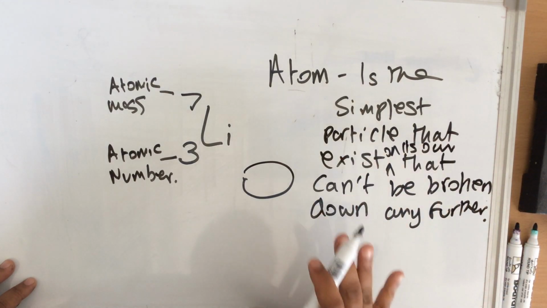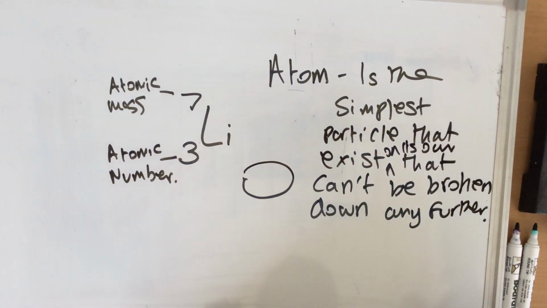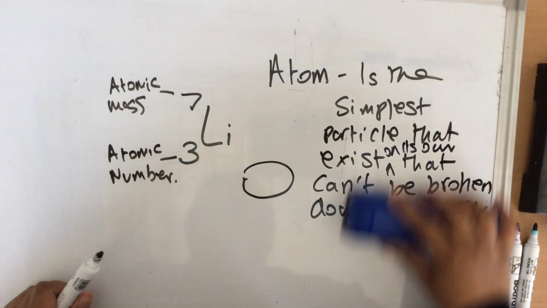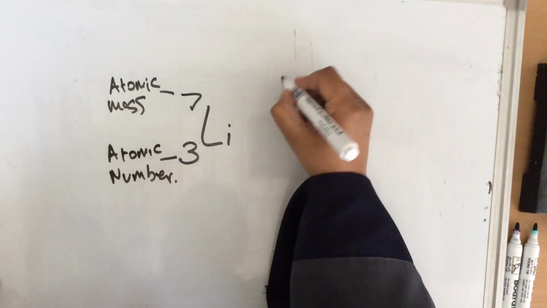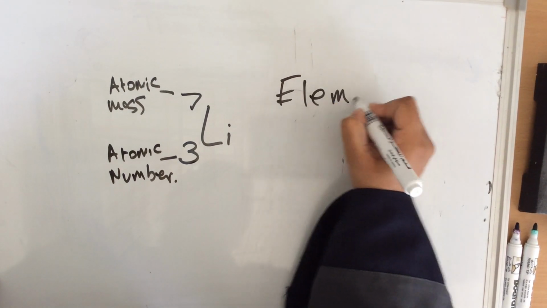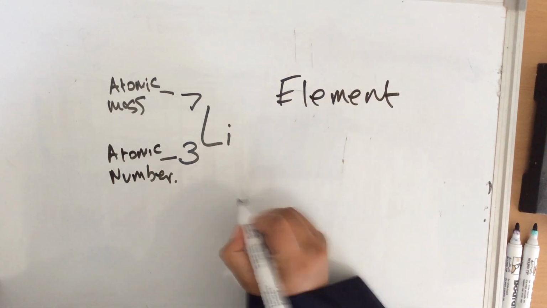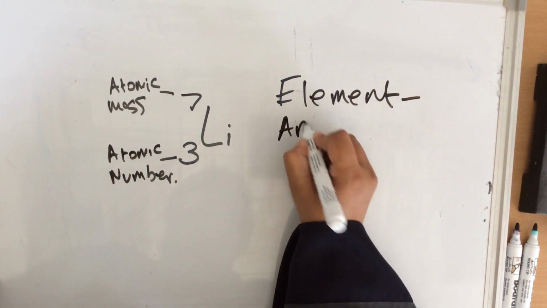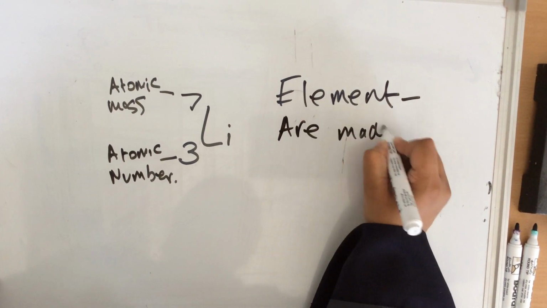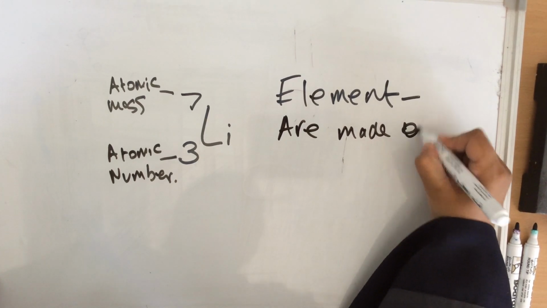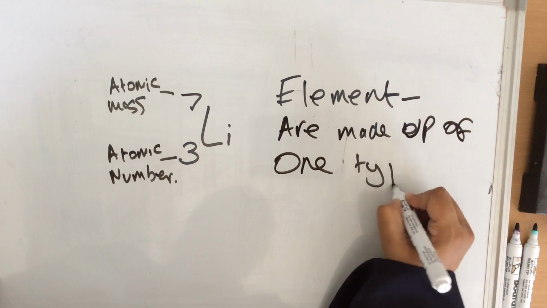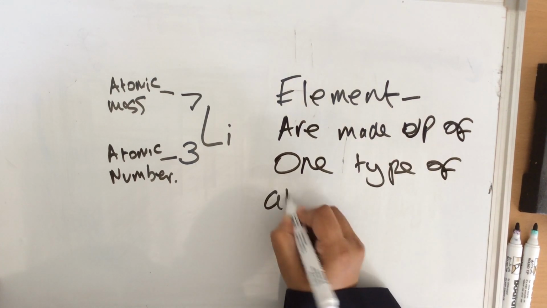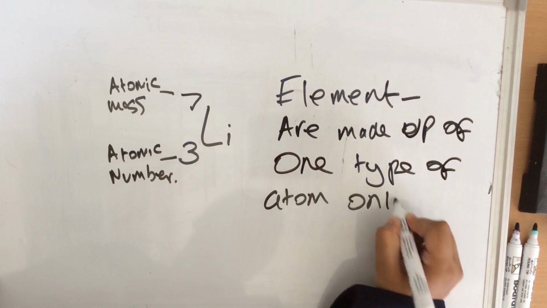Now that we understand what an atom is, we're going to define what an element is. The periodic table is made up of all elements. Elements are natural and pure substances. Elements are made up of one type of atom only.